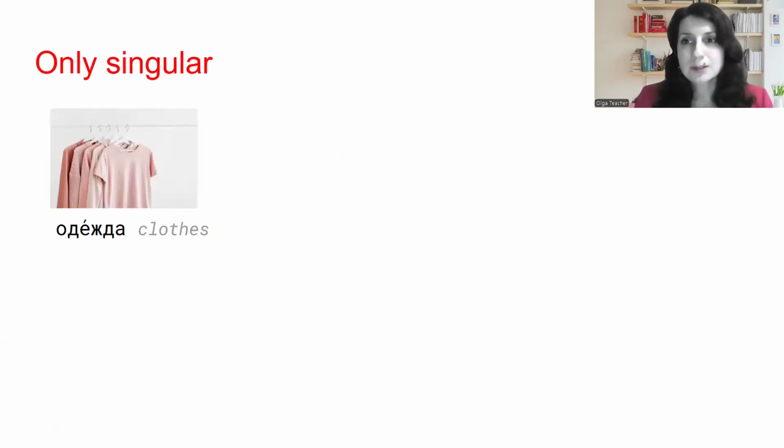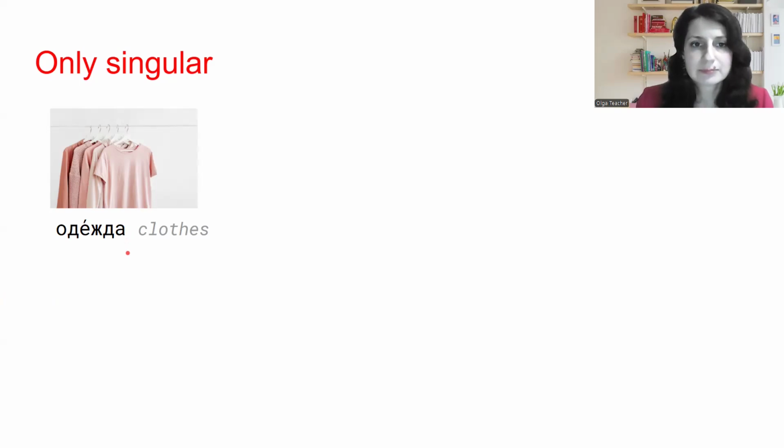And one more little thing before we finish this lesson. You should know that some nouns can be only singular. They don't have a plural form. And also some nouns can be only plural. They don't have a singular form. For example, these are only singular nouns.